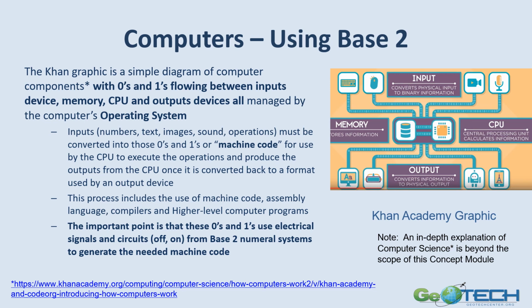This process includes the use of machine code, assembly language, compilers, and higher level programs, and we'll talk a little bit about those, but the important point is that these zeros and ones represent electrical signals, either on circuits or off circuits, and they're from base 2 numerical systems that are used to generate the machine code.